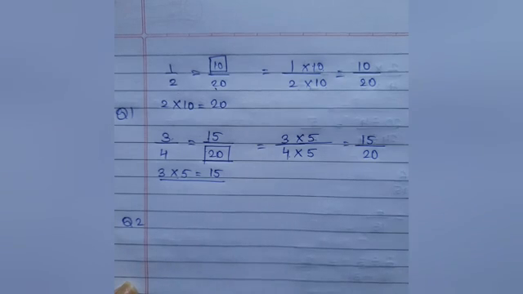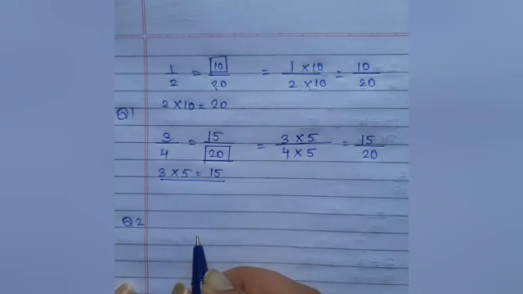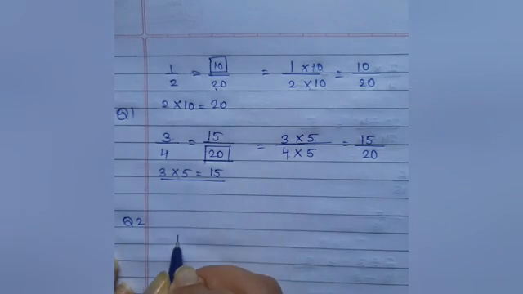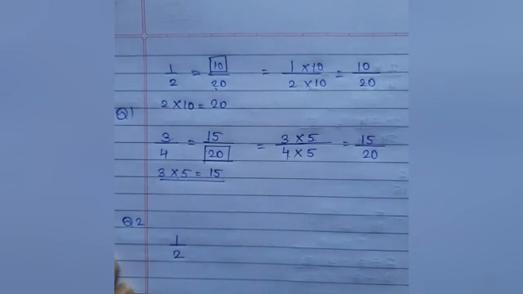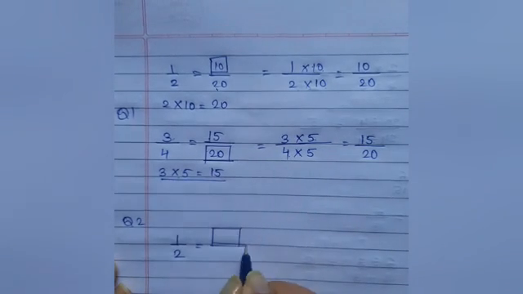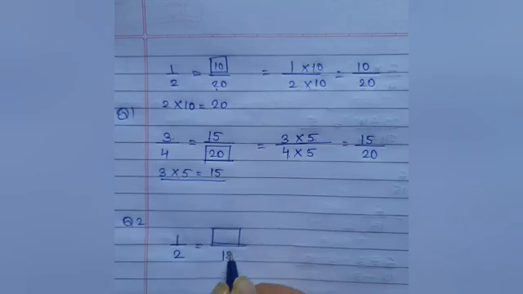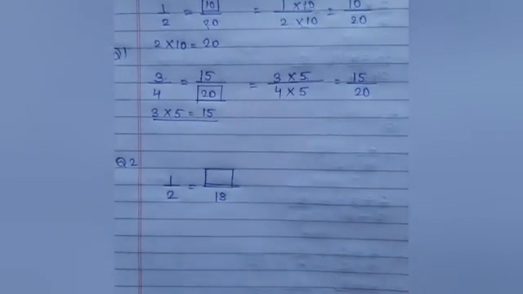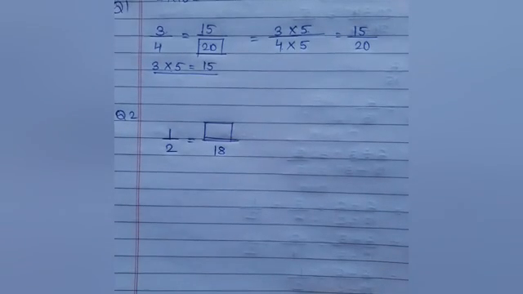So we will solve the first sum, that is 1 upon 2. So it goes like this. We are going to solve by finding the numerator, where the denominator is already provided.